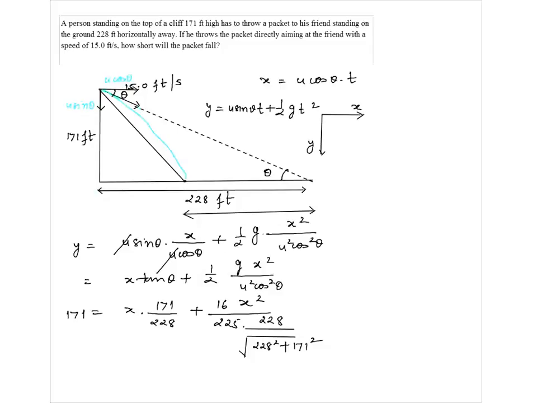How did we get root of 228 square plus 171 square? Cos theta is based upon hypotenuse. This is the hypotenuse.